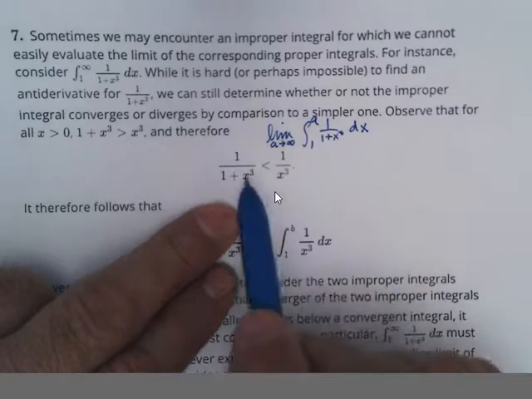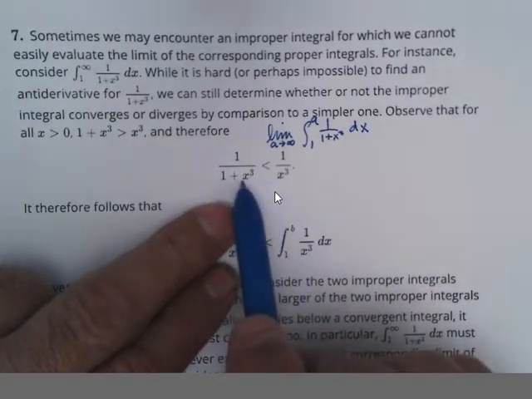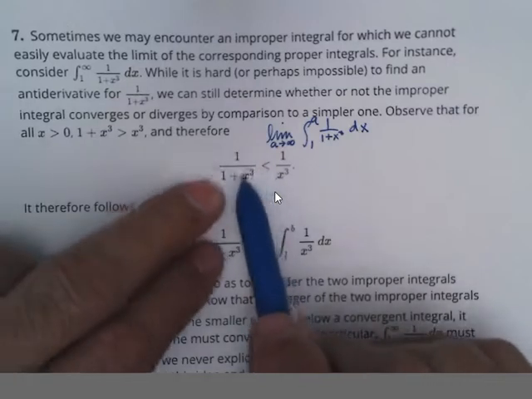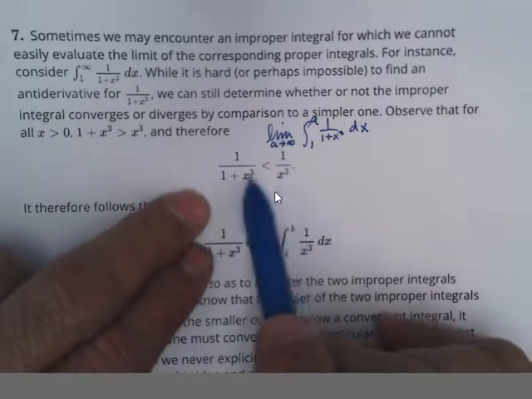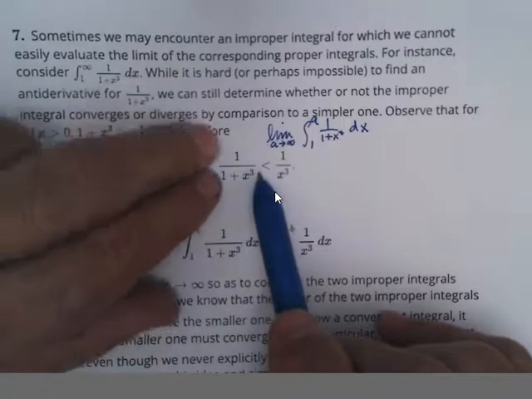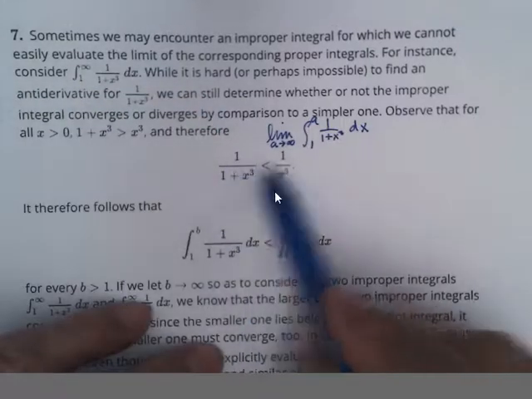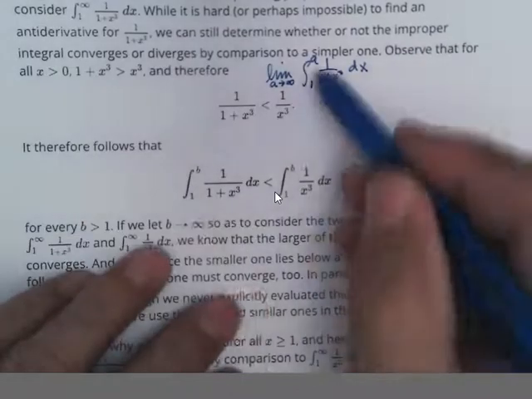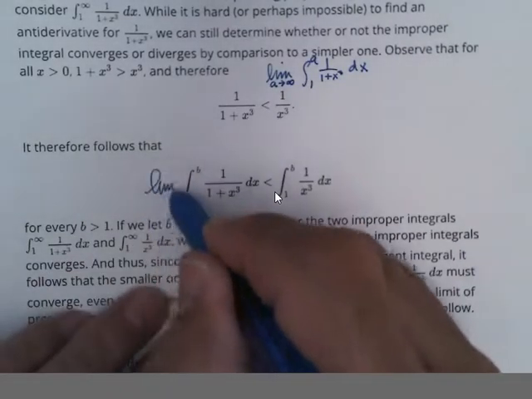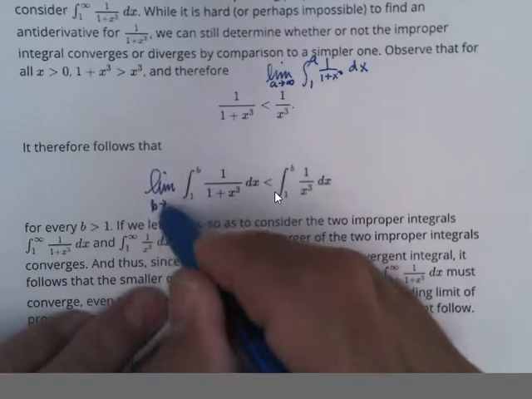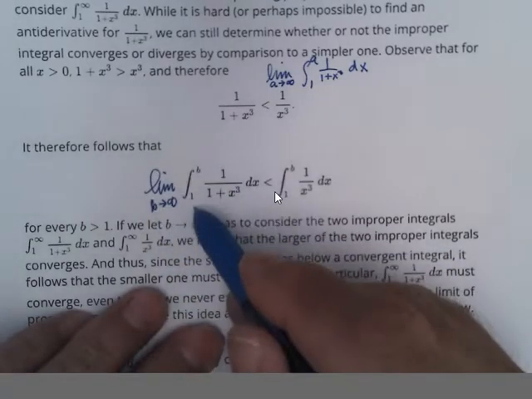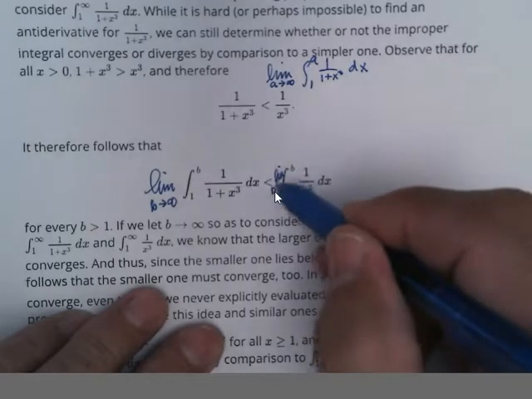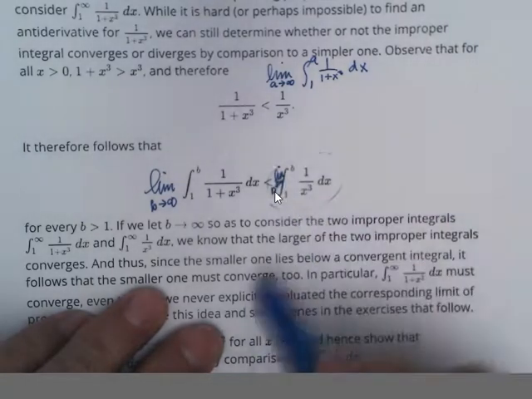But we know that it's got to be less than this, because if I take 1 and divide it by a bigger denominator, a bigger denominator makes the fraction smaller, so this is always less than this. Therefore, if I were doing the limit as b goes to infinity of this, it would be less than the limit as b goes to infinity of this.